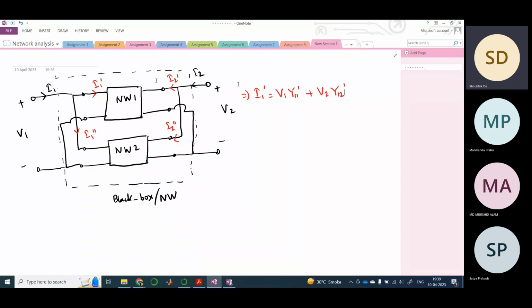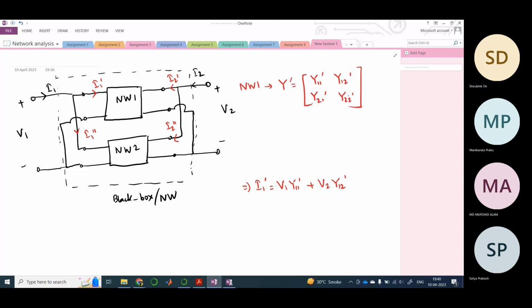And okay, before proceeding, the y parameters of network 1 are y11 dash, y12 dash, y21 dash, and y22 dash. Similarly, network 2, so let us just call this y double dash: y11 double dash, y21 double dash, y12 double dash, and y22 double dash.